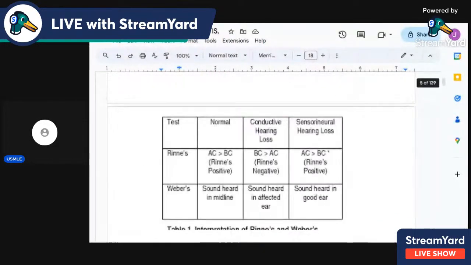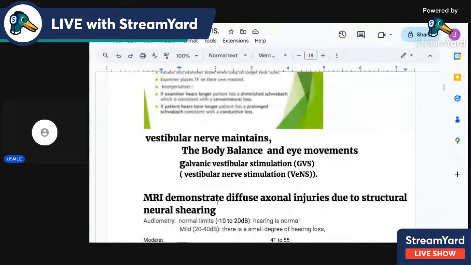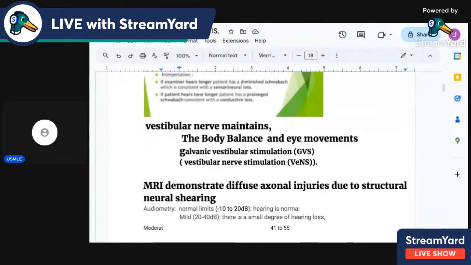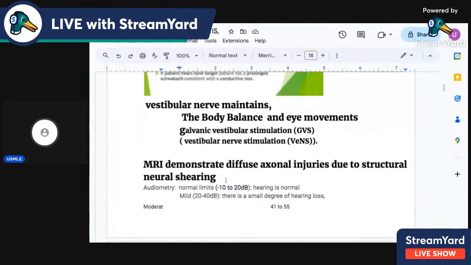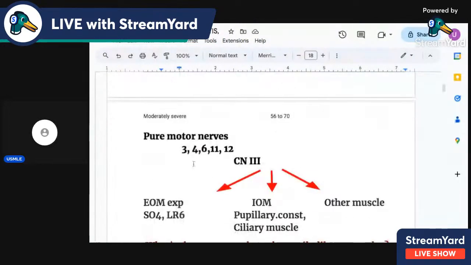The vestibular part is tested with galvanic vestibular stimulation, or vestibular nerve stimulation. MRI demonstrated diffuse axonal injuries due to neural shearing. So these are the three sensory cranial nerves.